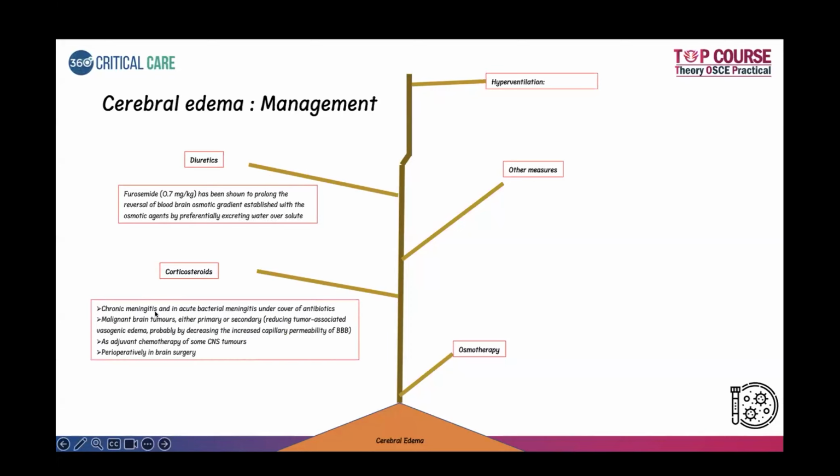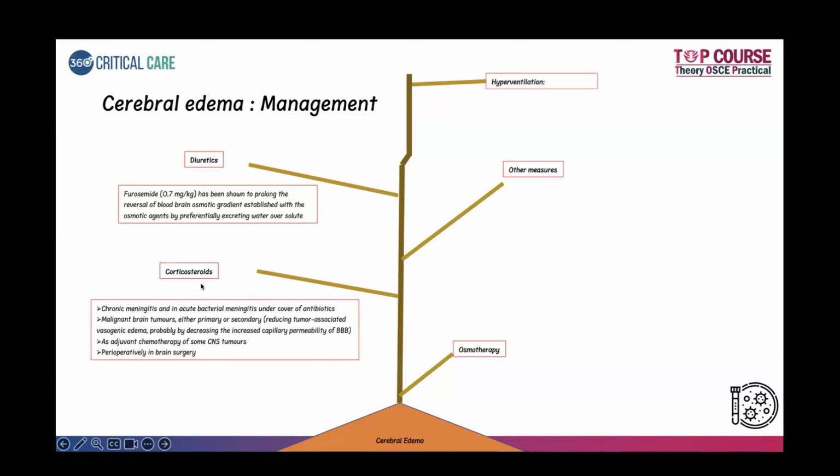Corticosteroid, again, in chronic meningitis and in acute bacterial meningitis under cover of antibiotics. So in those cases, acute bacterial meningitis, tubercular meningitis, steroids are the mainstay of treatment at the beginning. Malignant brain tumor, you know that already. It is an important part of treatment in case of brain tumor associated raised ICP or post craniotomy for any tumor, etc. In that case, steroids are important.